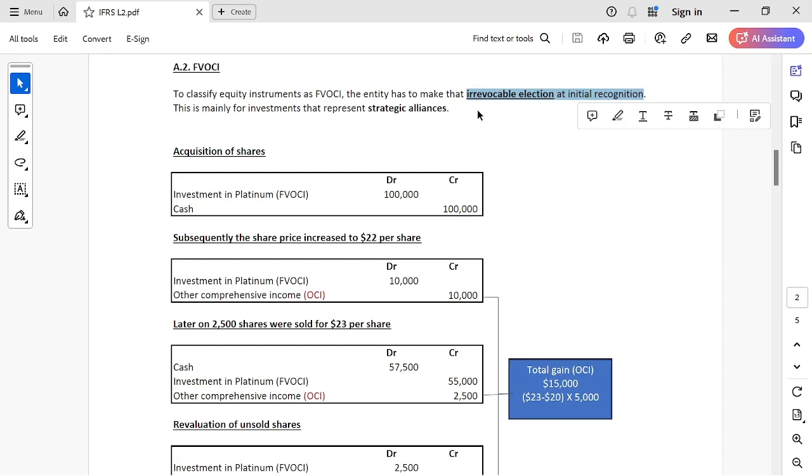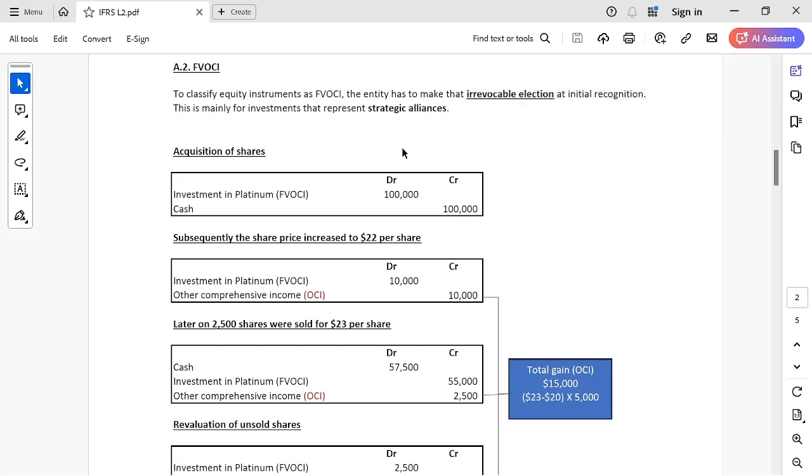So if you make this election, you will have to recognize all the changes in fair value of these shares in OCI, and these are never going to be reclassified to profit or loss, whatever happens. Even if these shares are derecognized, sold, impaired, everything will still be in OCI. So that's the irrevocable election that the company has to make at initial recognition.